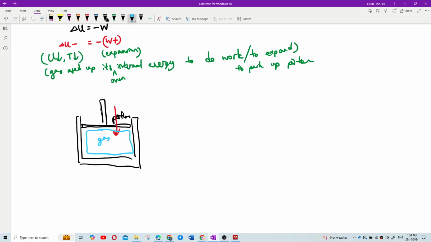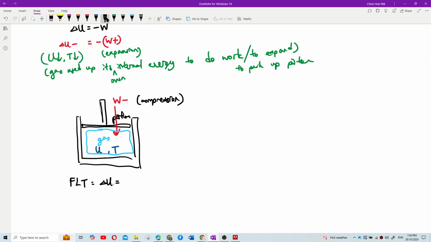So gas, dia ada internal energy, dia ada temperature dia. Kalau gas kena compress, this is about compression. Sebenarnya tulisan susah lah because ini bukan iPad. Okay. So work done negative, compression. Tengok formula first law of thermodynamic.